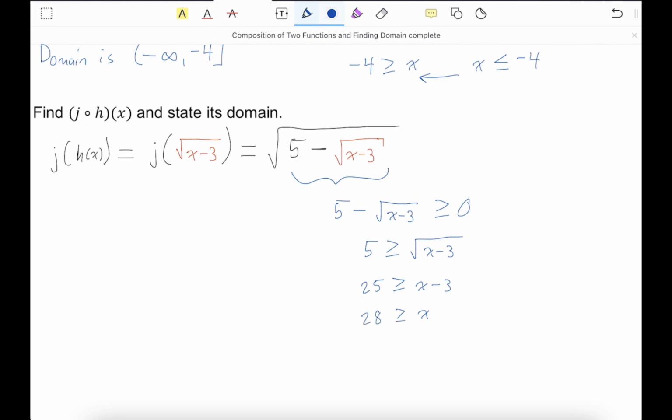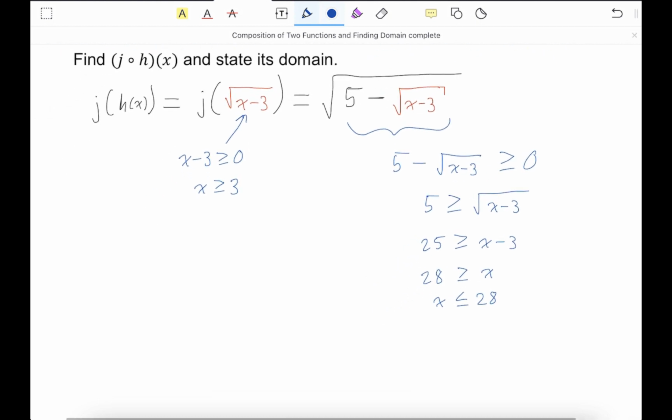And we get that x is less than or equal to 28. That's one of our restrictions. The other one comes from here. We have x minus 3 must be greater than or equal to 0. We get x is greater than or equal to 3.